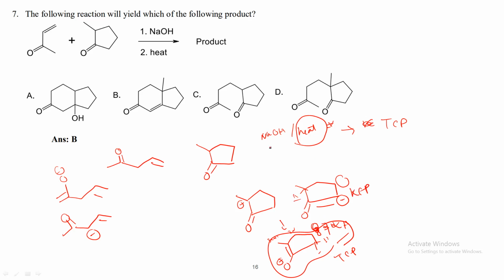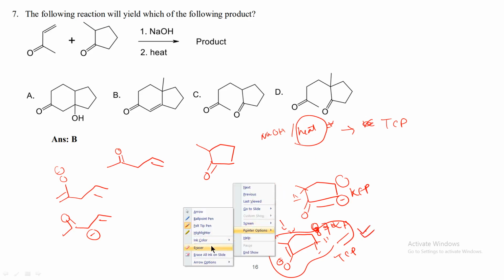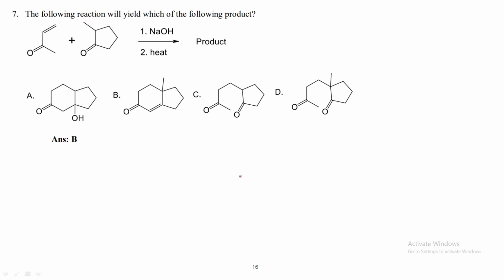So in presence of heat, only this thermodynamically stable product will be the major one, and so this particular enolate will be generated as this is a TCP condition. So this is a stable enolate. Now the next species would be this.